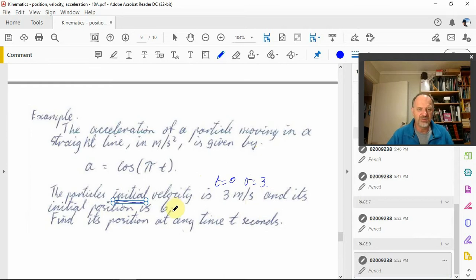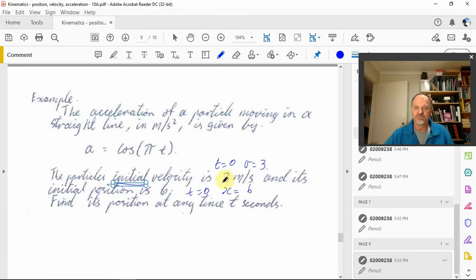And its initial position is 6, so t equals 0, x equals 6. And so what we are after is to find its position at any time. So if we've got acceleration, we need to anti-differentiate to get velocity, then we need to anti-differentiate again. And we've got some information to find our constants.